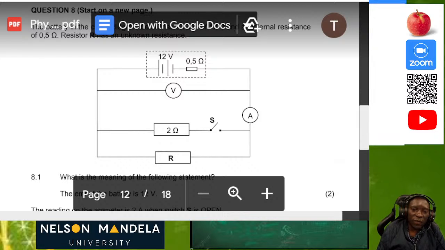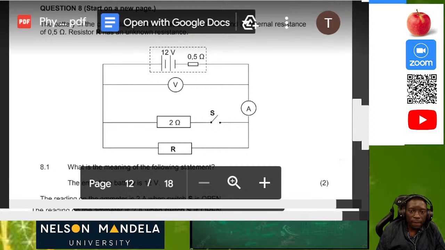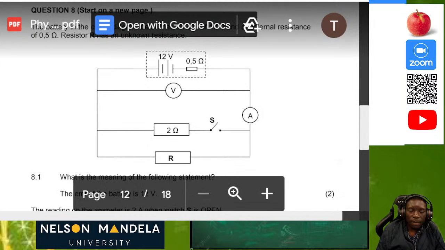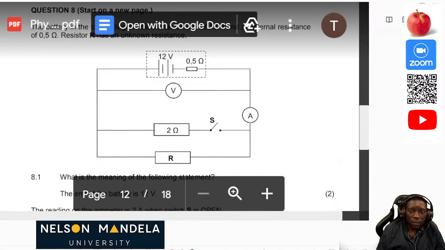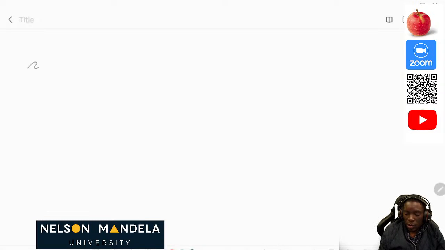But now if an EMF is 12 volts, what does that mean? Let me see if I can show the screen. So we have an EMF equal to 12 volts.